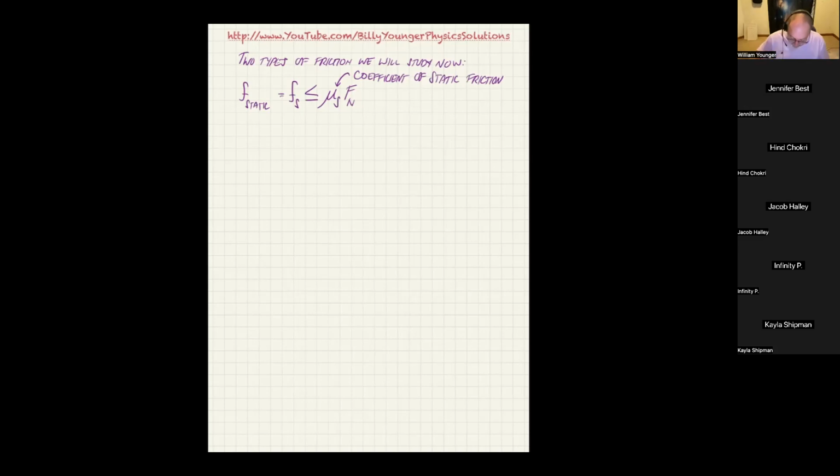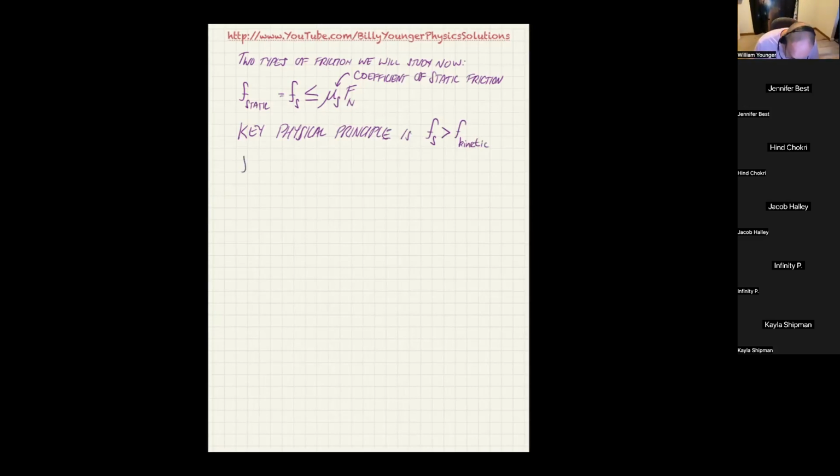The key physical principle is that F static is greater than F kinetic. And that means the friction that happens as this thing is sliding across like that.